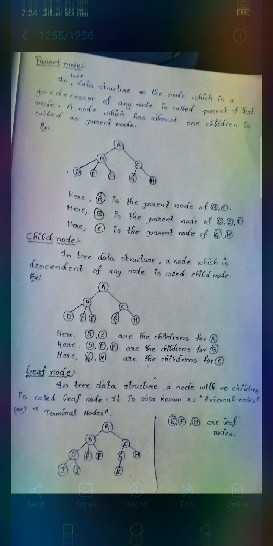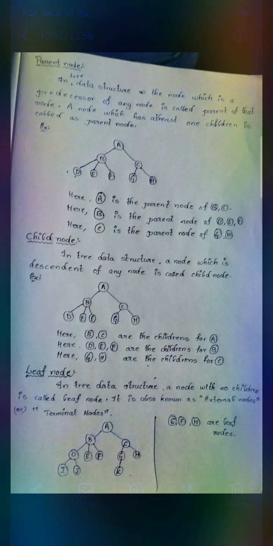Leaf node. In a tree data structure, a node with no children is called a leaf node. It is also known as an external node or terminal node. Here A has two children, so it is not a leaf node, and B has children, so it is also not a leaf node.